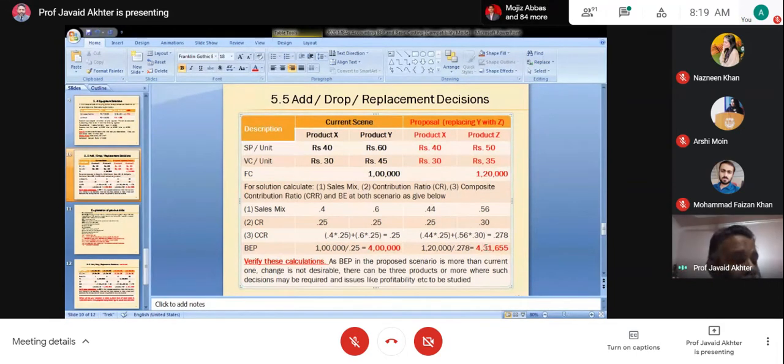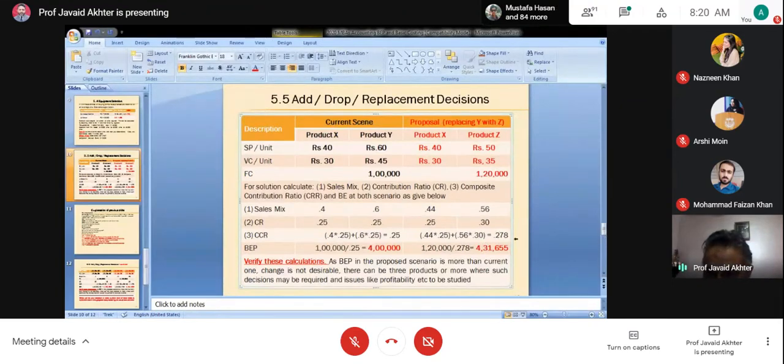If somebody tells you you will break even at 2 lakh, and in the other proposal you will break even at 2,50,000, the earlier a firm recovers, the better it is. This is the logic.